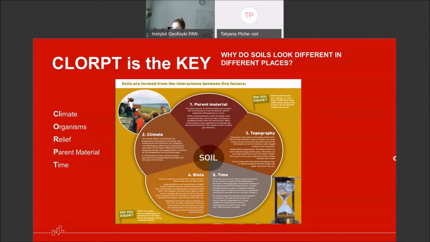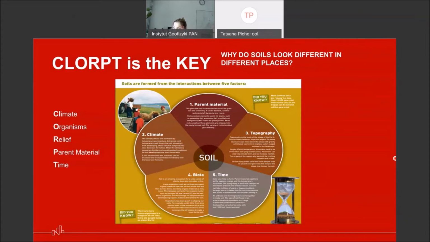The rocks and other base materials from which soil develops are referred to as parent materials. They may have been transported from one place and deposited in another, for example, by glaciers, or by wind, or by water, or by gravity.